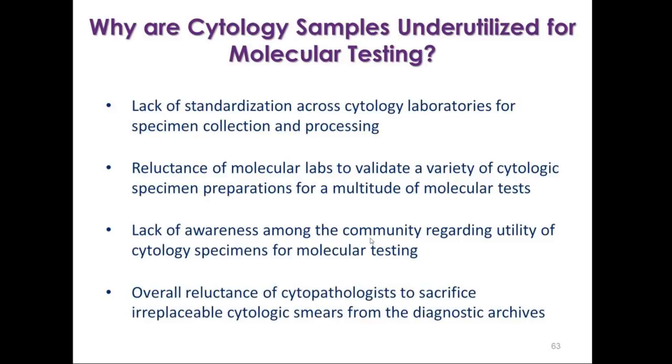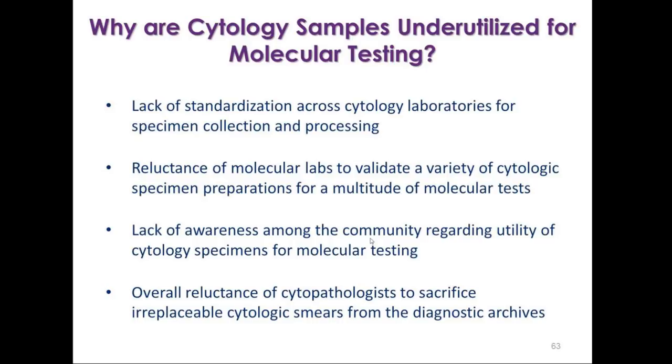So that's important. And then lastly, there is an overall reluctance of cytopathologists also to sacrifice cytology specimens. So we have seen even in our institution when there is a choice between selecting the cell block sections versus the smears, the pathologist typically selects the cell block sections because you can get multiple sections and you're not sacrificing any of the archival smears, even though you probably know that the smears will end up getting you better nucleic acids.